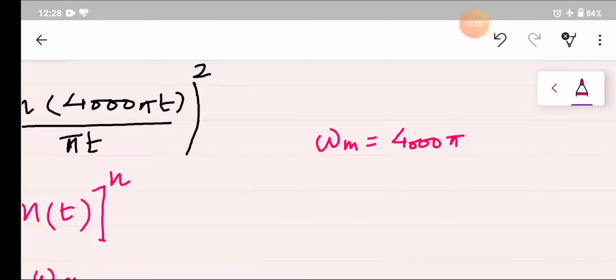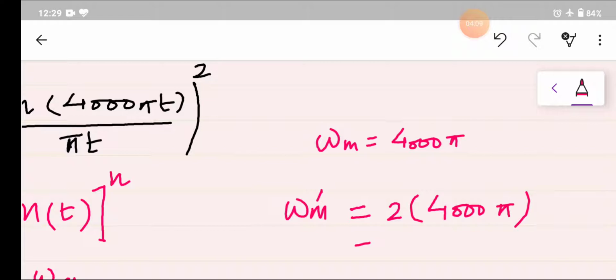Therefore omega m dash, this is for signal xt, is equal to n times omega m. The value of n is 2 here, so 2 multiplied by 4000 pi, so it will become 8000 pi.